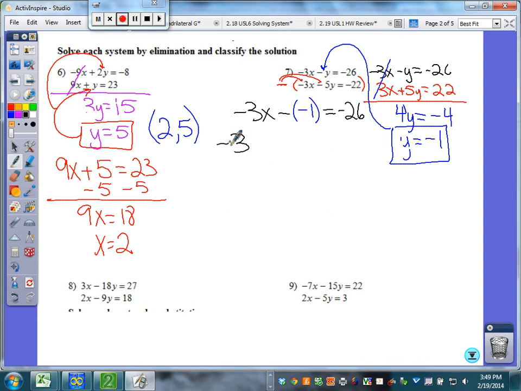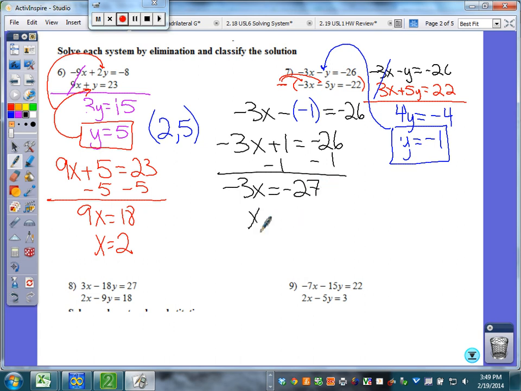So we have negative 3x plus 1 equals negative 26. When I subtract the 1, we get negative 3x equals negative 27. So x equals 9. So my solution is going to be 9, negative 1.